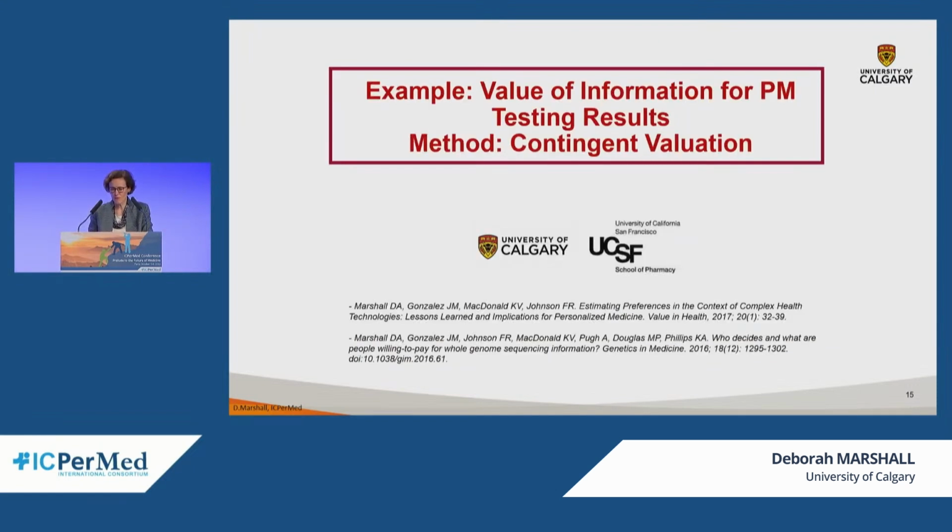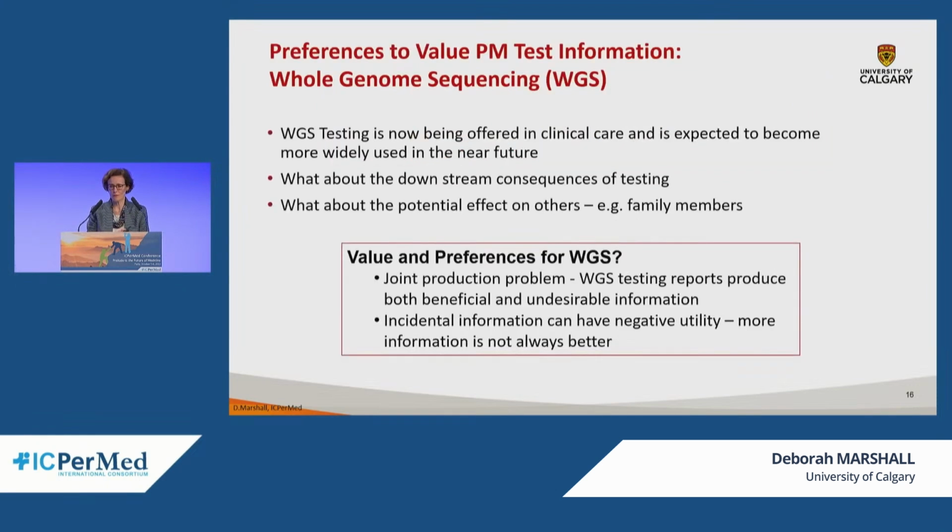So let me give you, and finish with, these very short examples of how we can use these methods to look at these concepts, starting with value of information of testing results. So here we've used a technique called contingent valuation. Obviously, I'm not going to explain all of that in this short presentation, but it's a health economic method that we can apply to try and get a sense of what is the value of information.